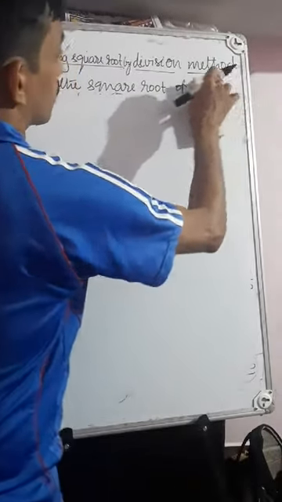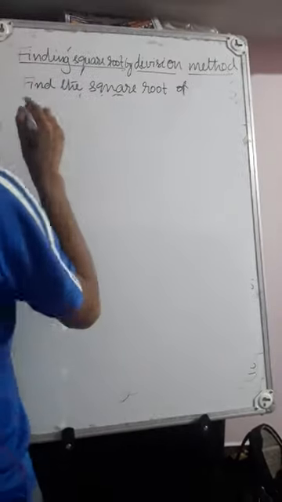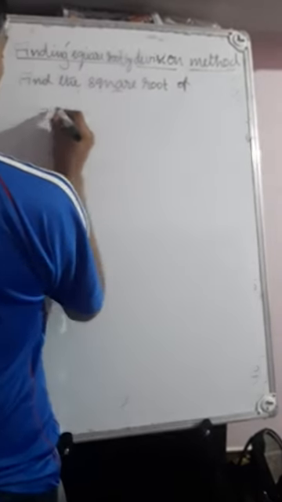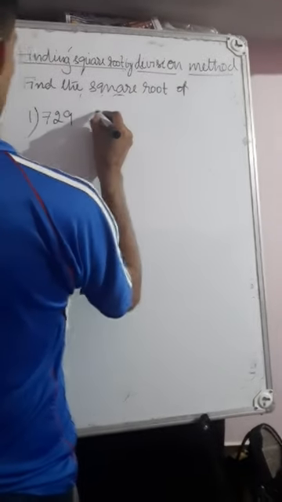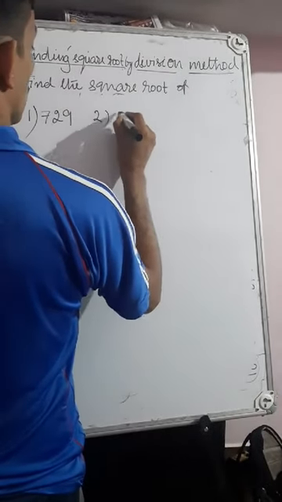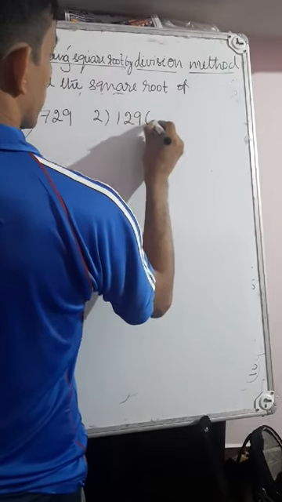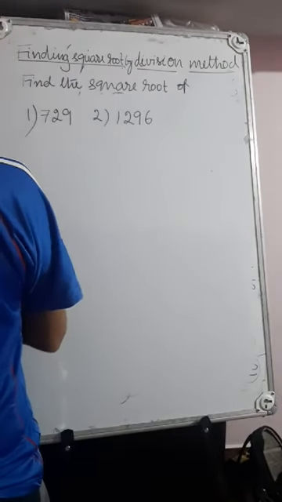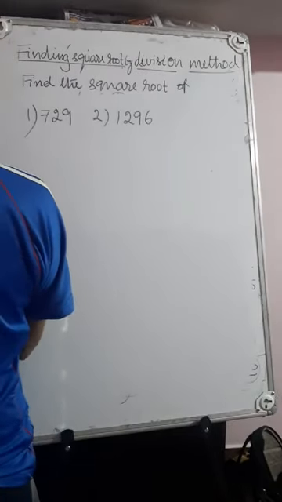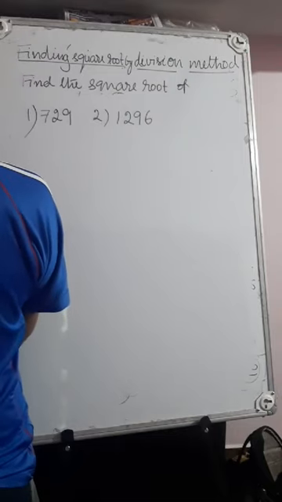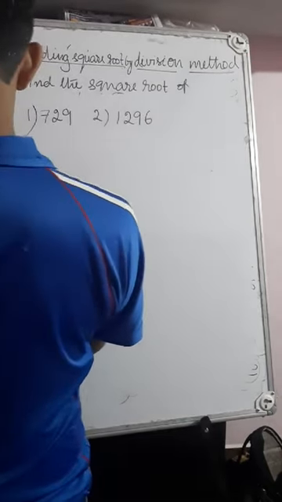The first problem, 4096, is not required, as it is given already. Now I give you new problems. First problem, 729. Second problem, 1296. Long division method only. You need to find the square roots.